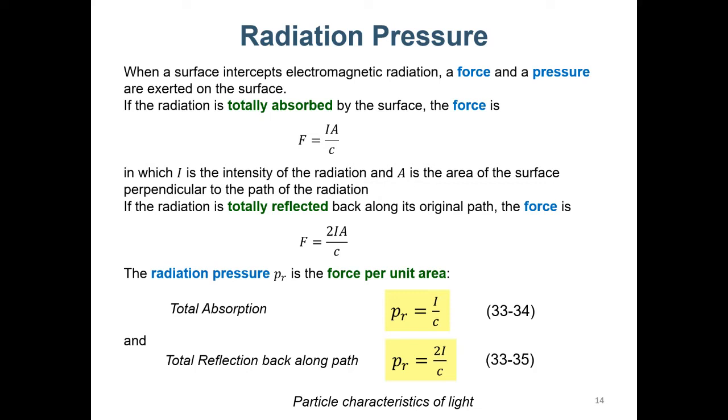So here we talk about the radiation pressure. 光压，就是你幻想有个射灯照着你你会感受到一点光压，就是有一点射灯照着你，你会有一点点感觉，你真的不看着它。When a surface intercepts electromagnetic radiation, a force and pressure are exerted on the surface.